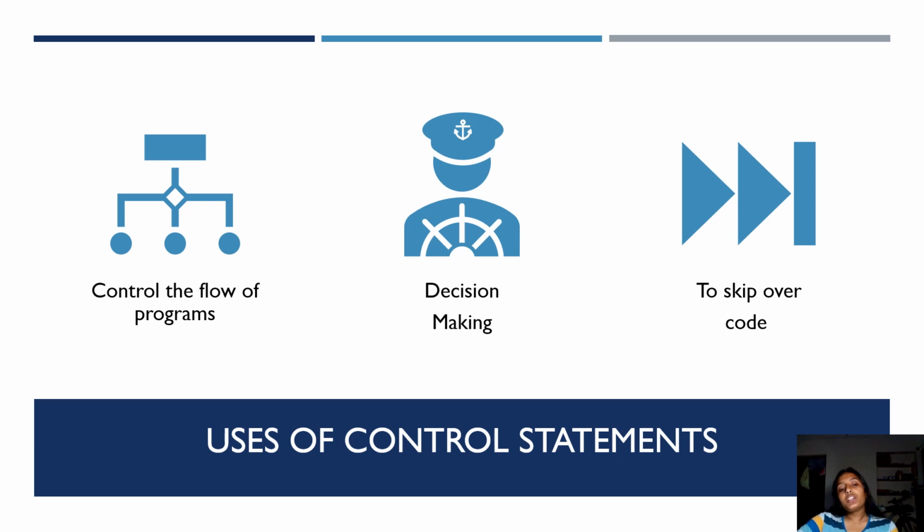First, they are importantly used to control the flow of programs, for example, to make the program choose which path to follow. Then we have decision making, because we use statements like if, if else, else if ladder, and all these looping statements.